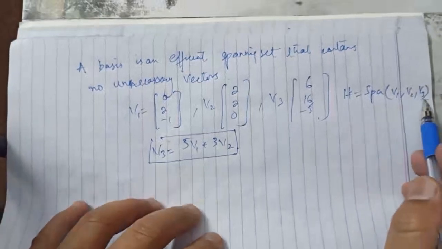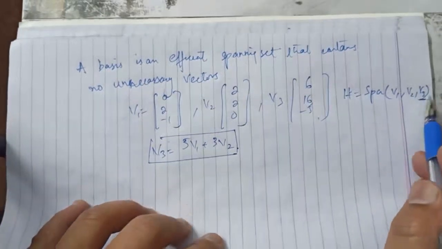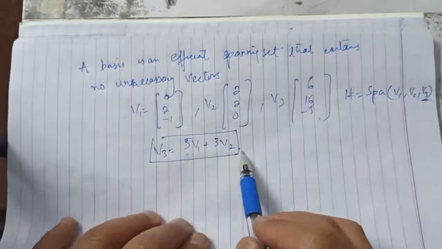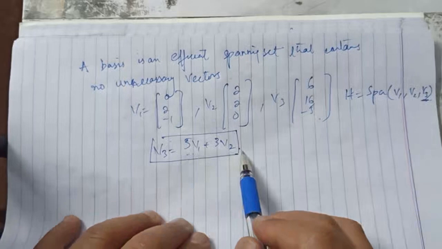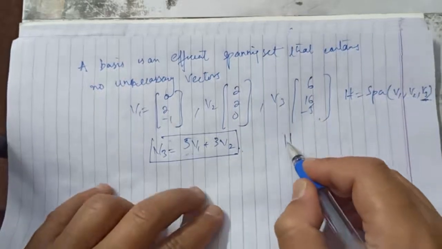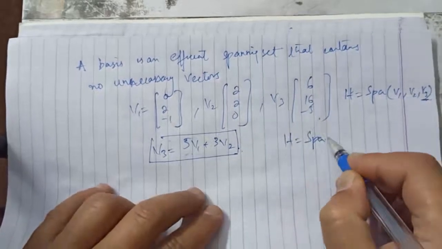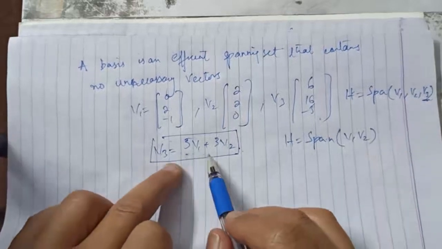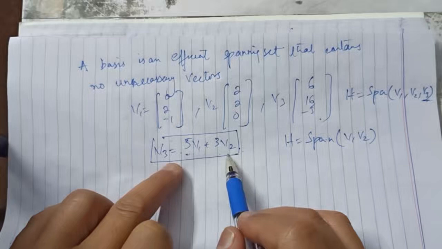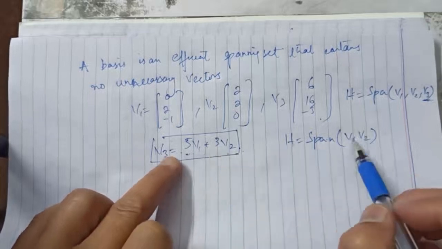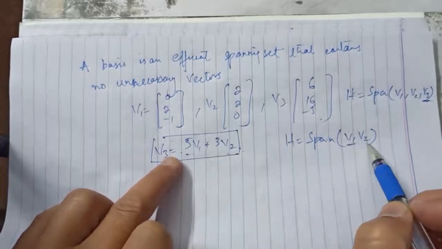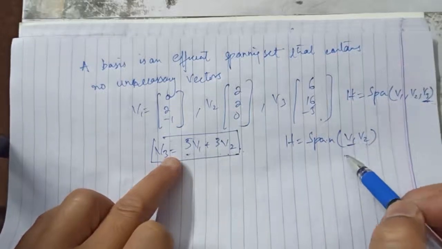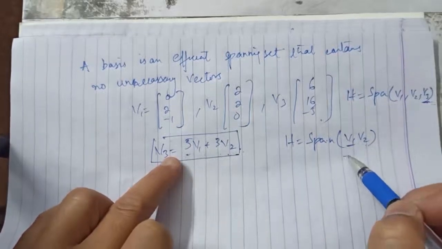But the problem here is that v3 can be written as a linear combination of v1 and v2. So effectively the span of H is v1 and v2, because v3 is nothing but a linear combination of these two vectors, right? So that exists in the span of v1 and v2. So the span of v1, v2, v3 becomes the span of v1 and v2.